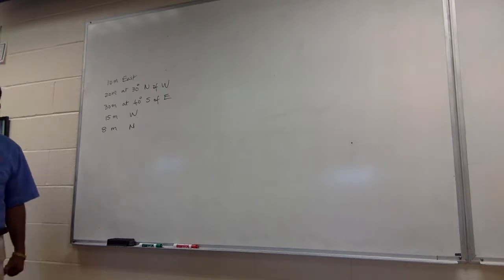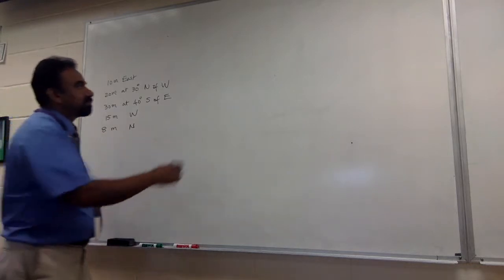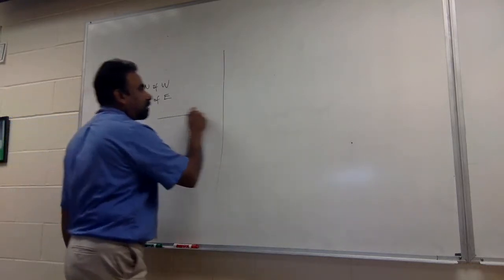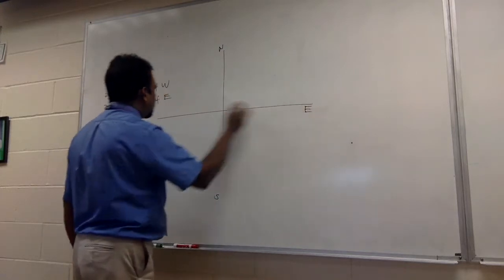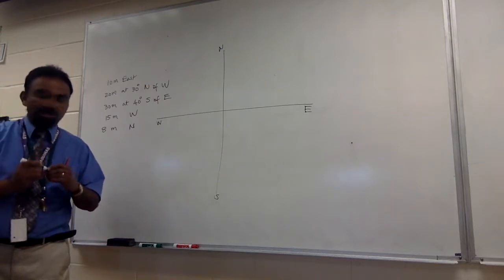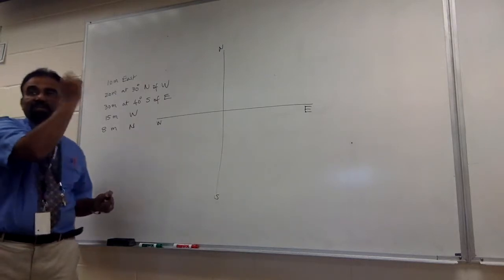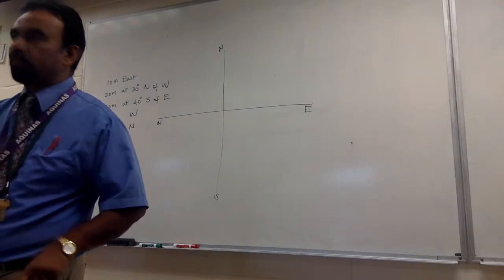So the approach is this. Instead of using cosine rules and sine rules, what we do is first draw all those things: north, south, east, west. And on this picture, draw all these vectors, all starting from the origin. Draw all the vectors.